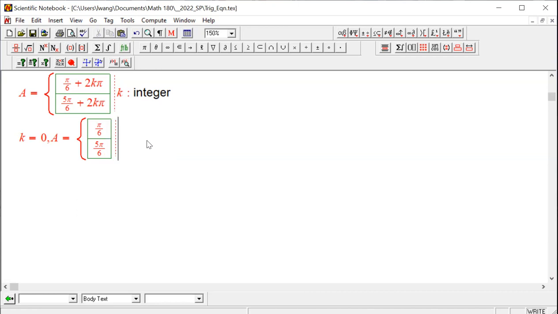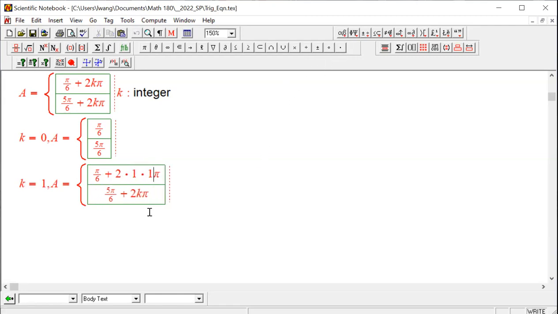Those are solutions. If k equals 1, we get another pair: 2 times 1 times pi, so that's plus 2 pi. So what is pi over 6 plus 2 pi?